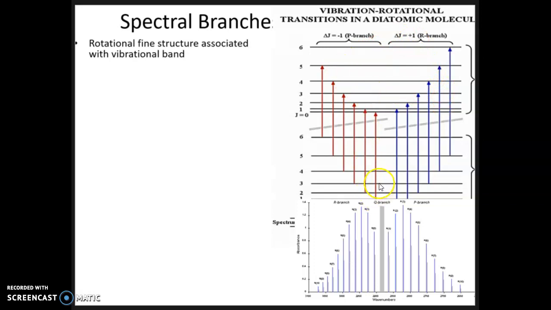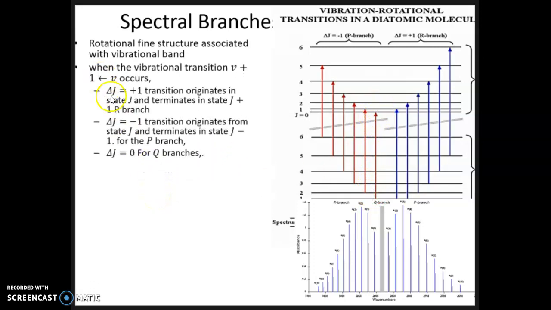While that is taking place, we can have additional rotational changes. If J can change by +1 or -1, or 0 in rare cases, it means that we can have J going from 2 to 3, from 3 to 4.